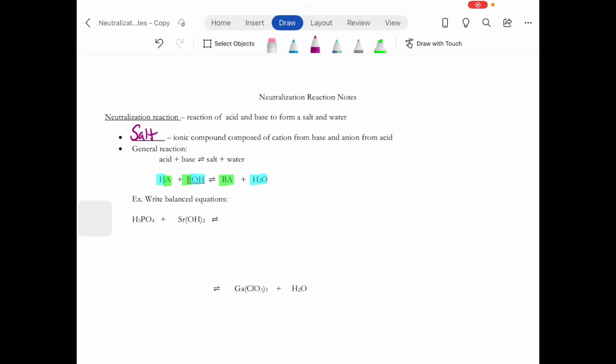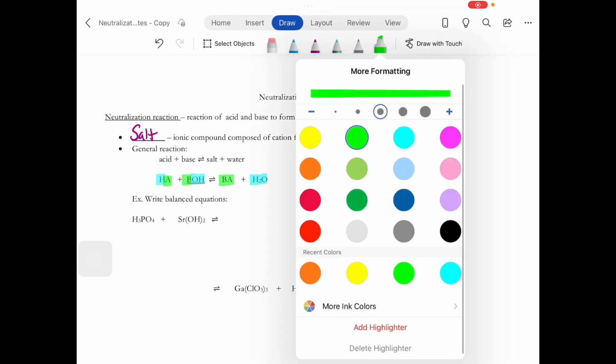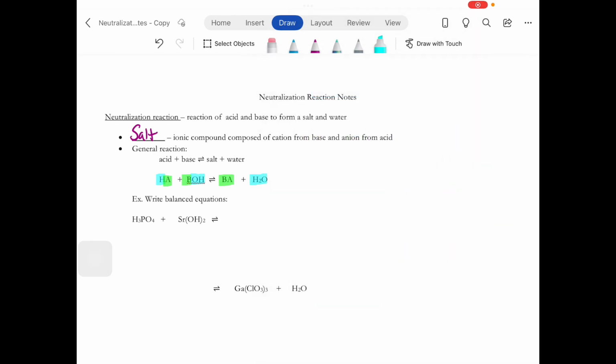So down here, I'm going to actually highlight, so I'll hide the back end. This is our acid, this is our base, and so our H and OH are going to form our water.